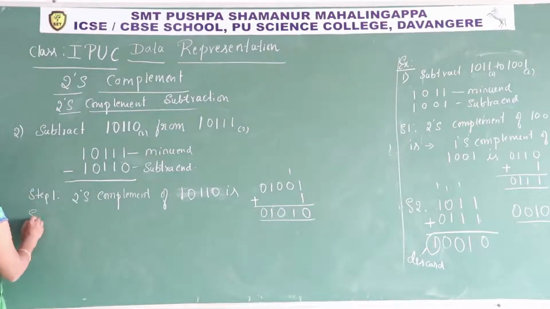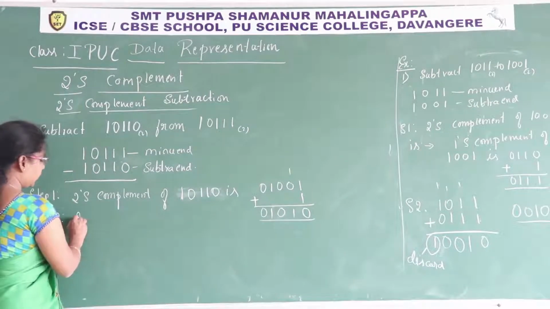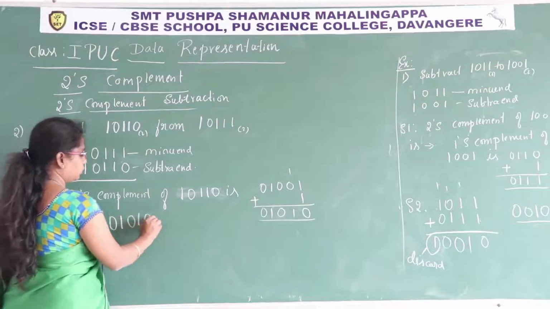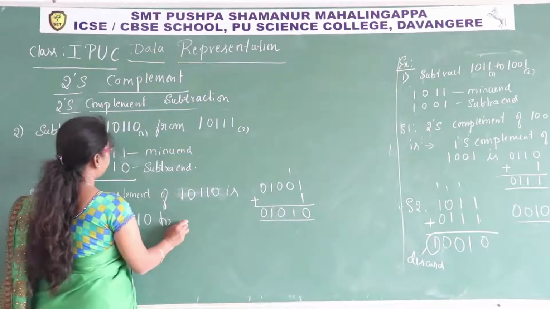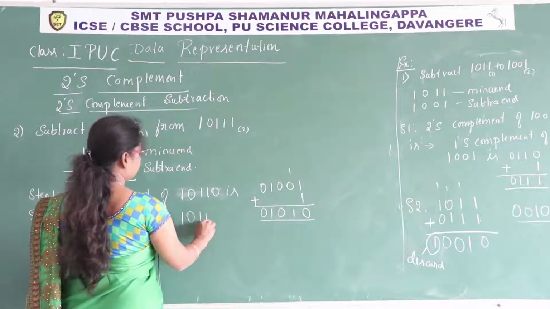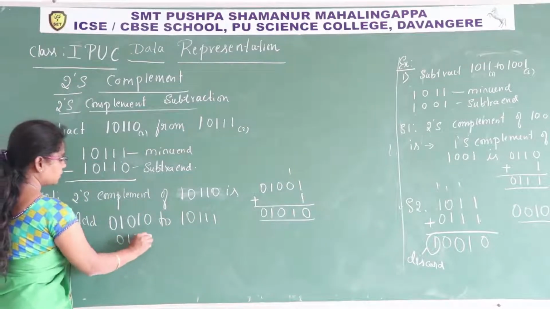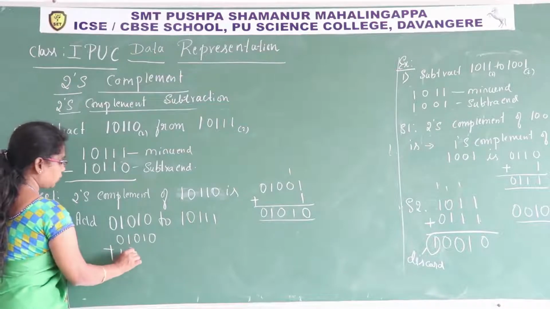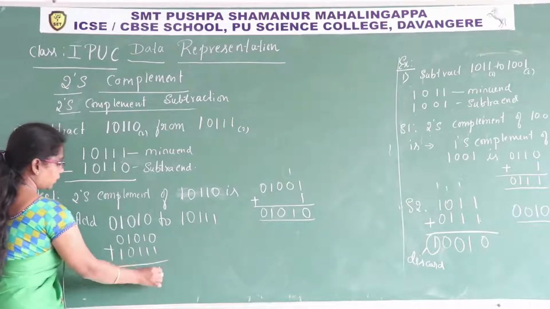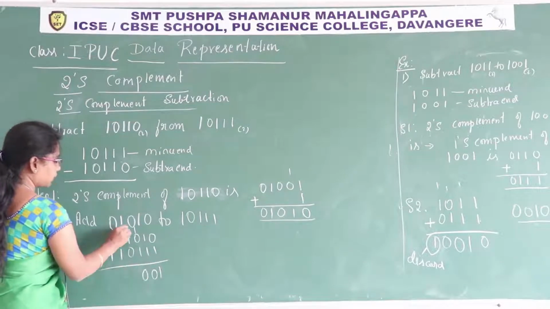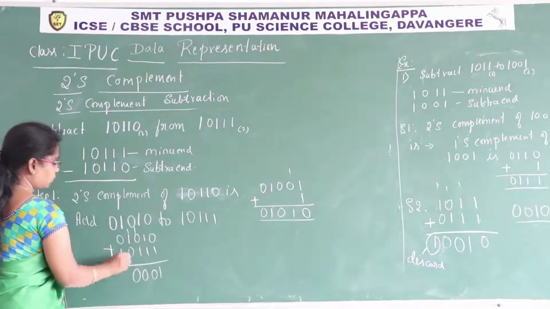Step 2: add 01010 to the minuend 10111. So it becomes 01010 plus 10111. 1 plus 1 is 0, carry 1. 1 plus 1 is 0, carry 1. 1 plus 1 is 0, carry 1.